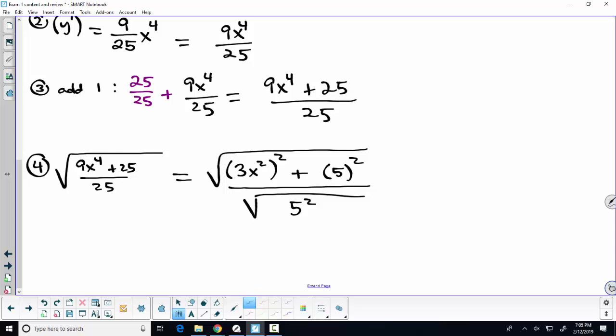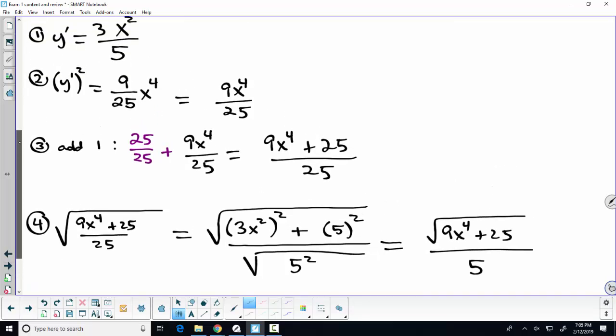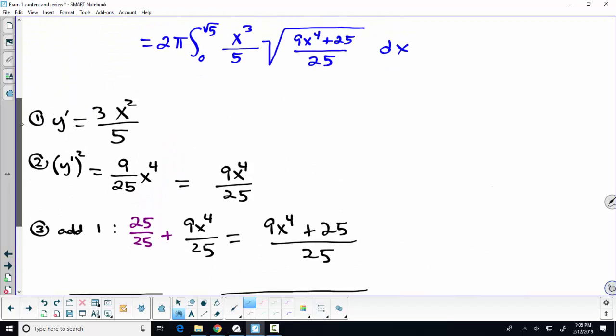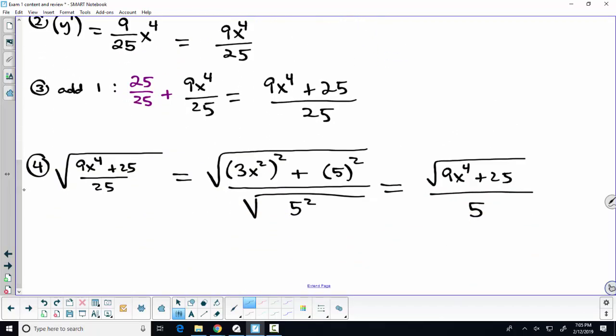The numerator has to just stay like this. We can, however, take the square root of the denominator, keeping in mind that this expression right here has to be multiplied by x cubed over 5. So is that a helpful way to present that?